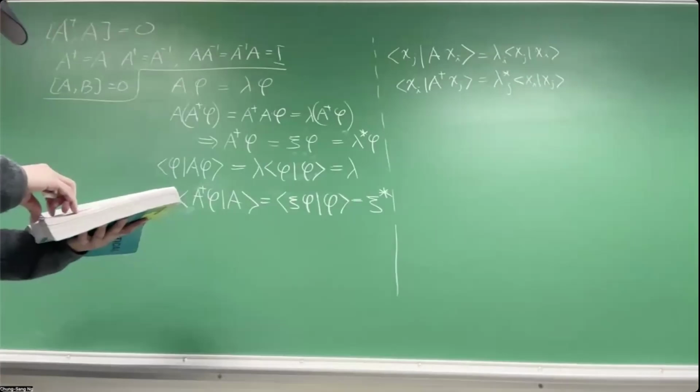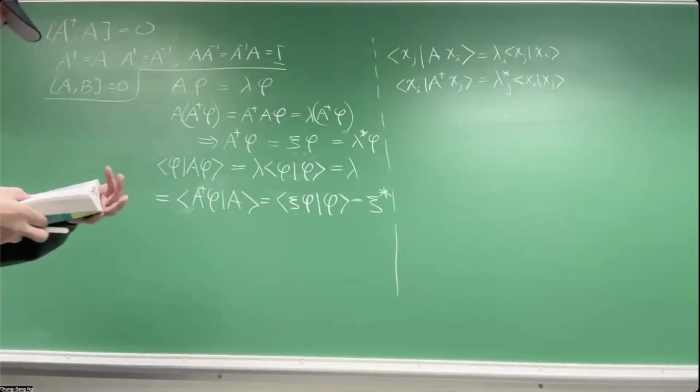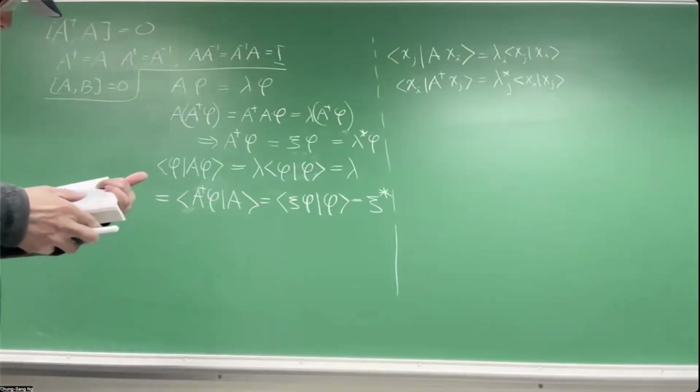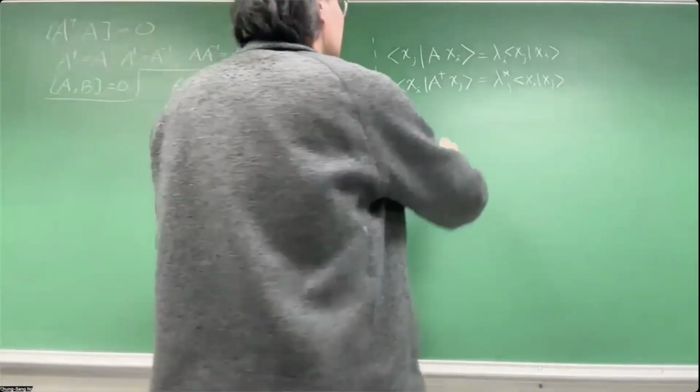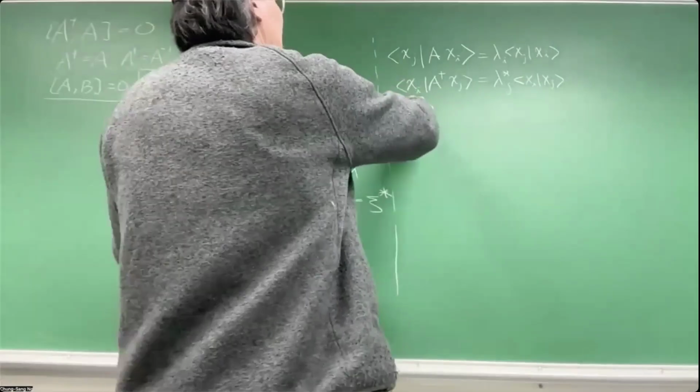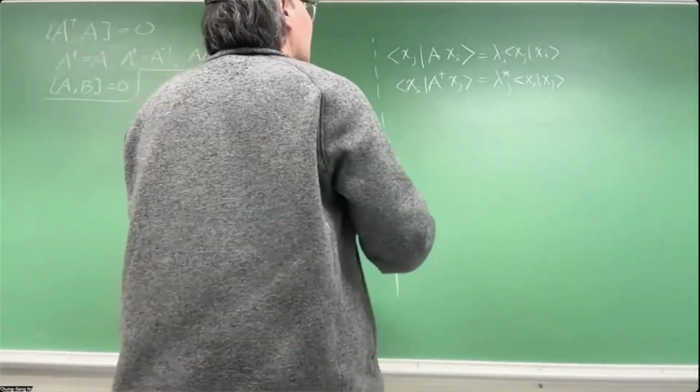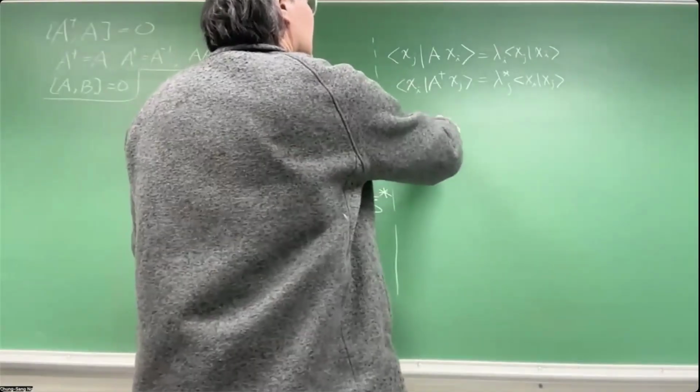Okay, and now we want to put the left-hand side into the same form as the first equation. There's a different trick that we can try to make it of the same form.